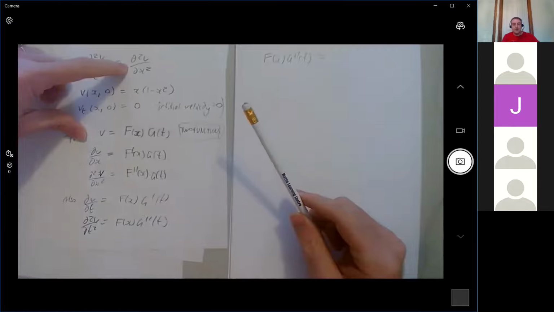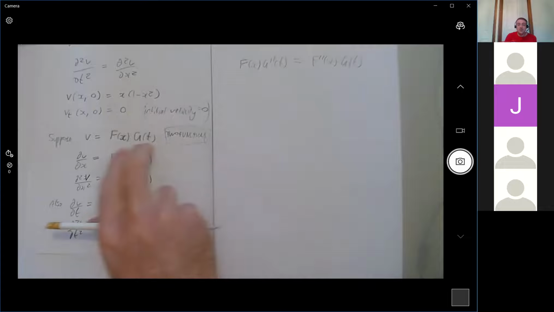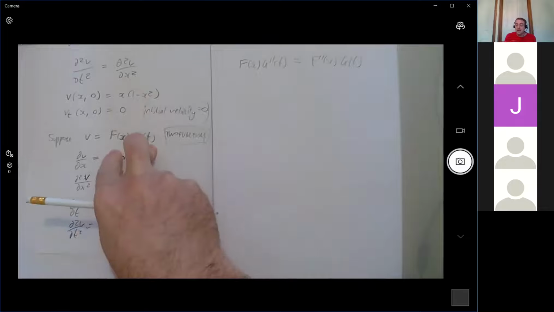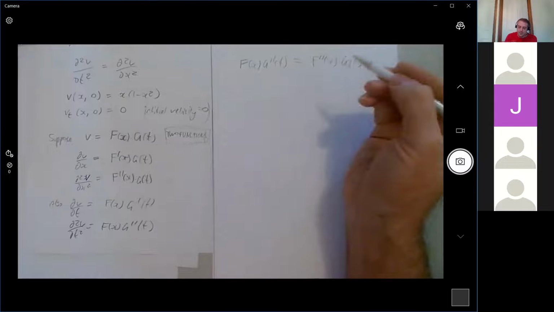And if we're very clever, we can rearrange this to separate those variables. So we've actually separated the variables twice. First, we separated them into two different functions that were multiplied together. Now we're going to separate them onto opposite sides of the equal sign.